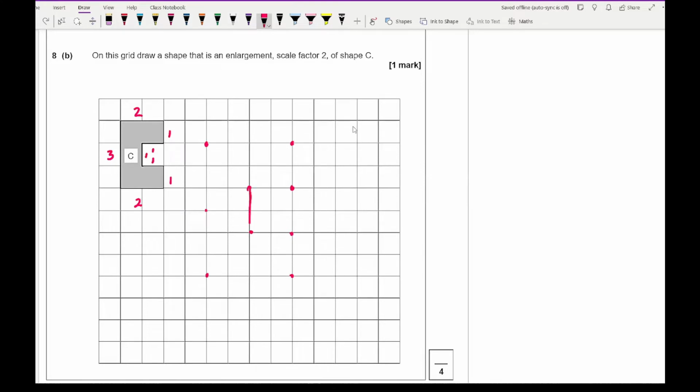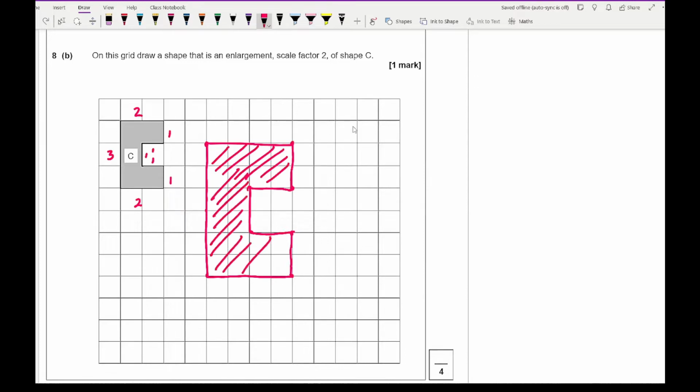And if I join these up, and again you should be using a ruler, I'm doing this freehand just to save a bit of time, but if I was doing this in the exam, I definitely would use a ruler. You want to make sure that you're making advantage of using the squares as well, so something along those lines would be absolutely fine for the 1 mark.